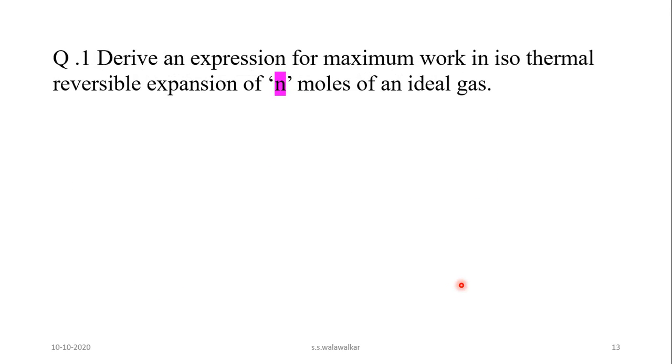So the question asks on this: derive an expression for maximum work in isothermal reversible expansion of n moles of an ideal gas, for 2 marks in the state board exam.